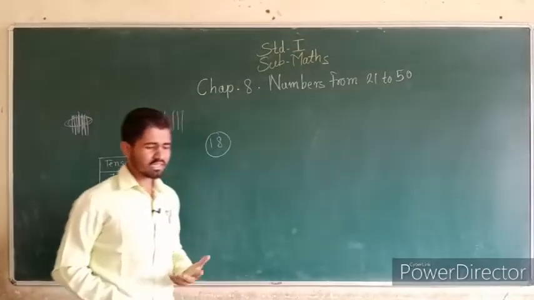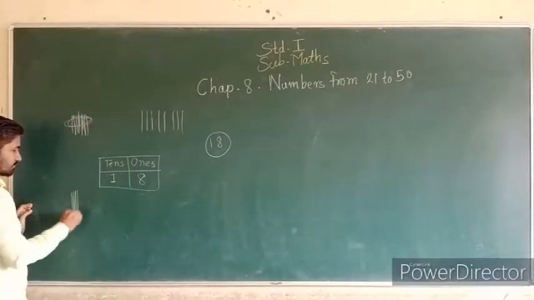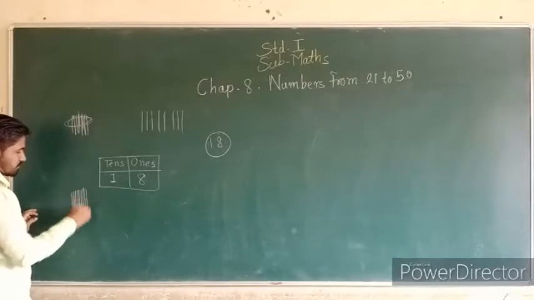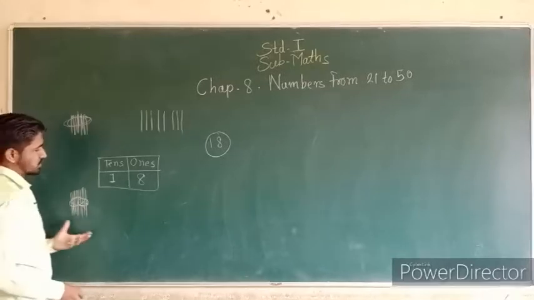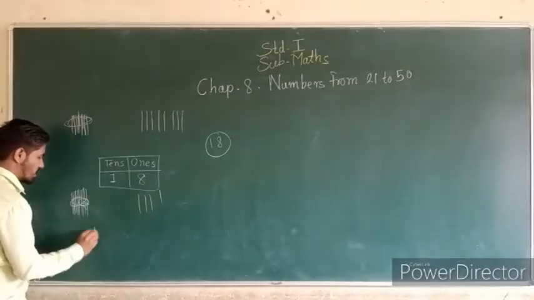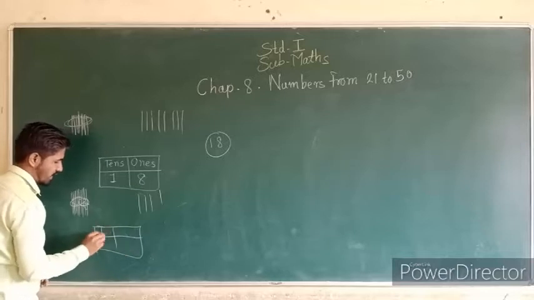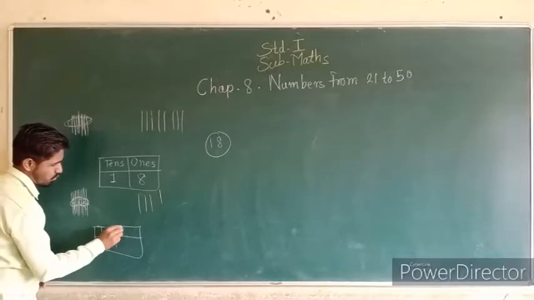Okay, next we see the next number. This is a bundle of 10 matchsticks and these are the 4 ones sticks. Here there is one column, in that column we see the tens and ones.